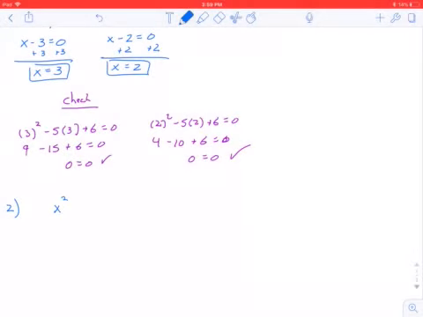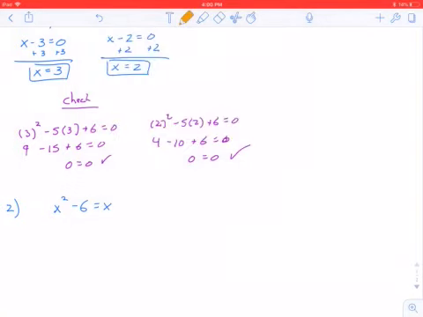There we go. x squared minus 6 equals x. Okay, in this case, this is a quadratic equation, once again, because it's second degree. Now, in order to solve a quadratic equation by factoring, we first want to put it in standard form. Well, what's standard form?